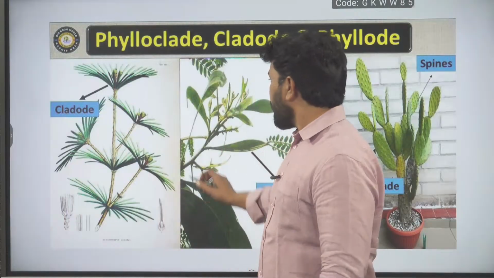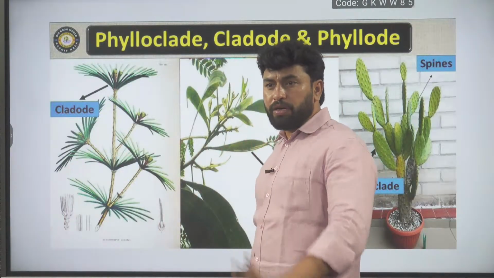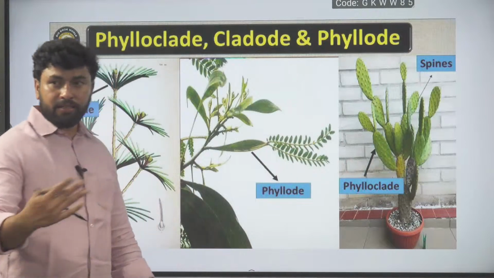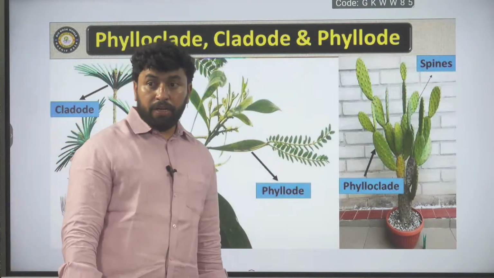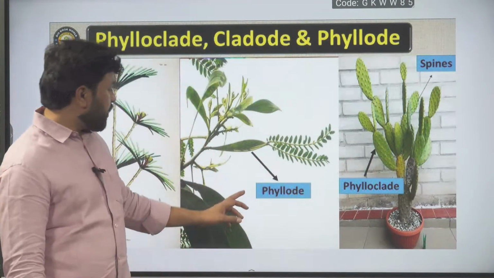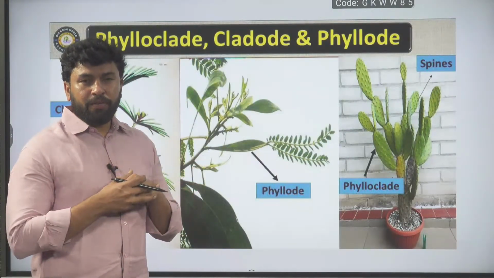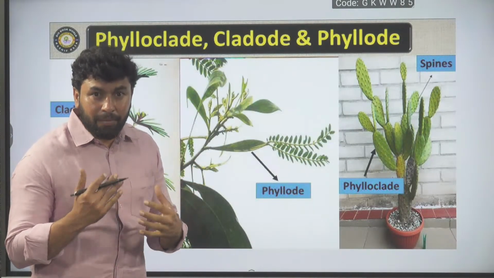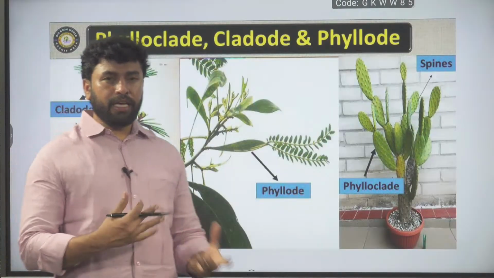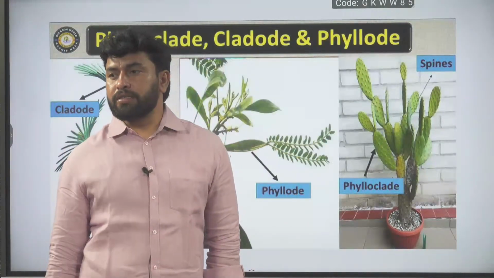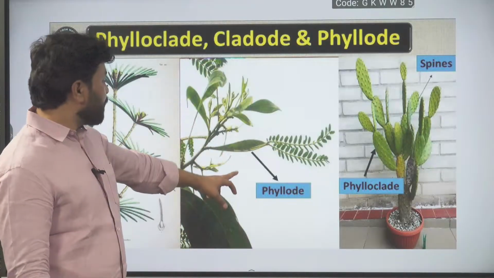Careful. Cladode, a branch modified into a green part. Phylloclade, the entire stem modified into a leaf-like photosynthetic part. And phyllode, where the leaf performs photosynthesis but not the lamina of the leaf. In a leaf, the petiole gets expanded to perform photosynthesis. This we will call phyllode.